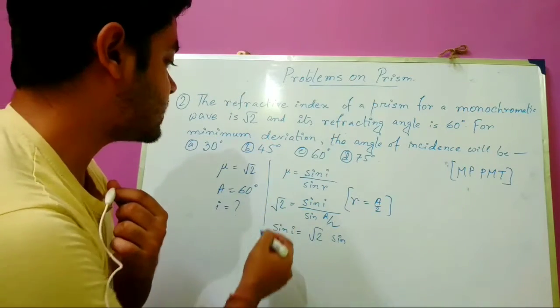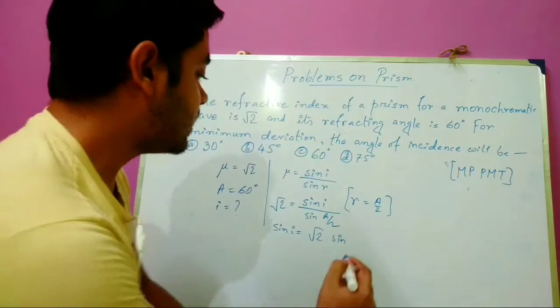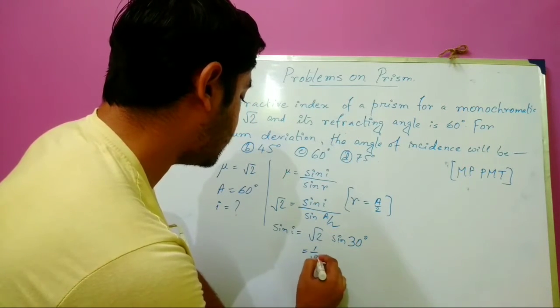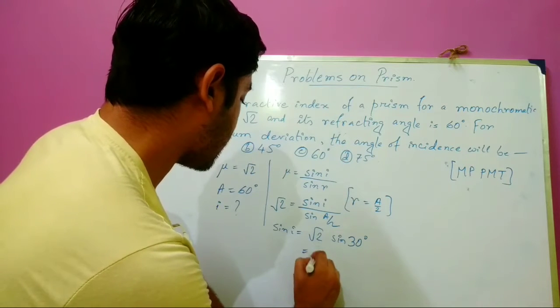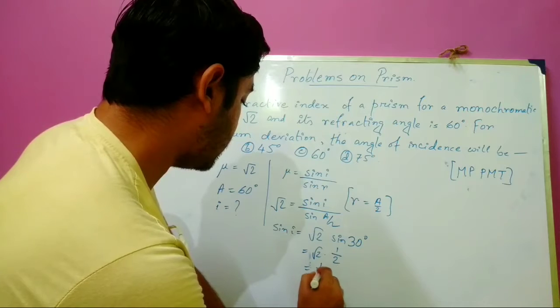The value of A is 60 degree, so if we divide 60 degree by 2 we will get sin 30 degree. Now the value of sin 30 degree is half, so it will be 1 by √2.